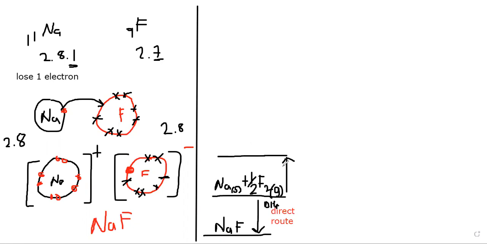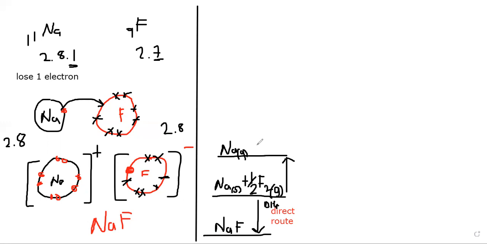So the first process in our indirect route, this route going up, is to convert our metal from the solid state to the gaseous state. So it's now sodium in the gaseous state.